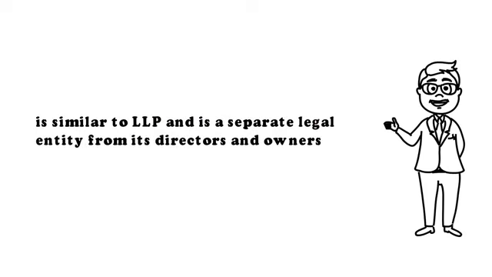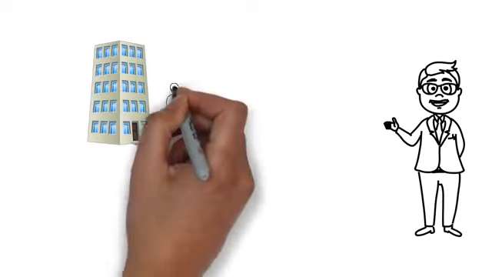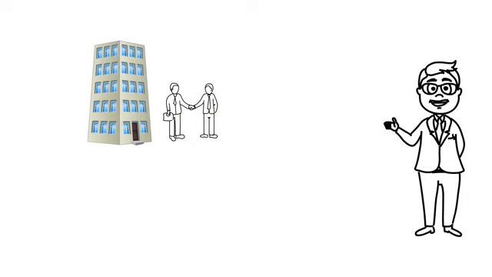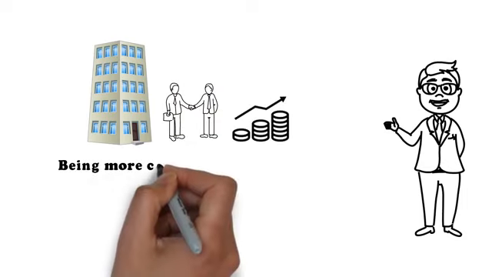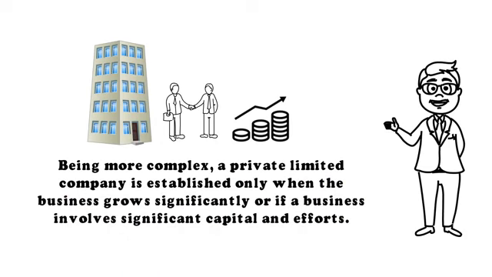4. A private limited company is similar to LLP and is a separate legal entity from its directors and owners. Being more complex, a private limited company is established only when the business grows significantly, or if a business involves significant capital and efforts.